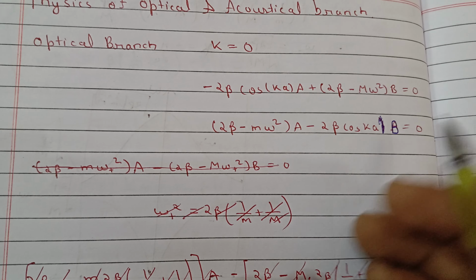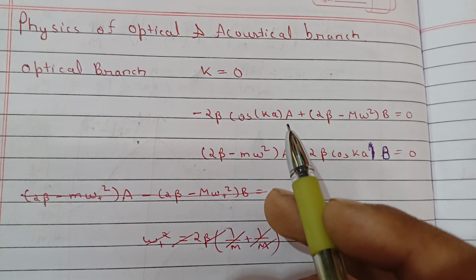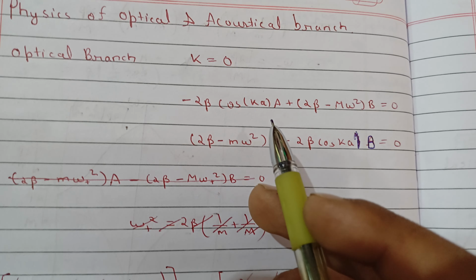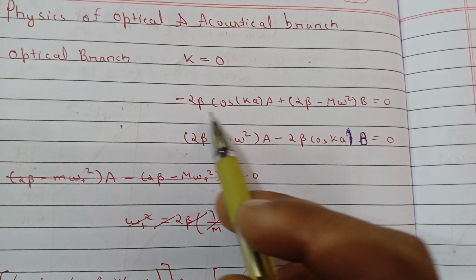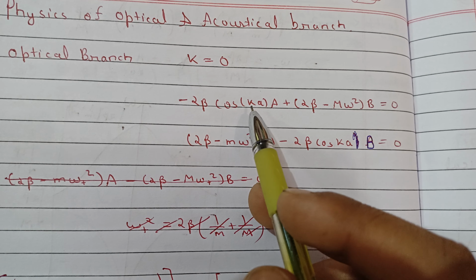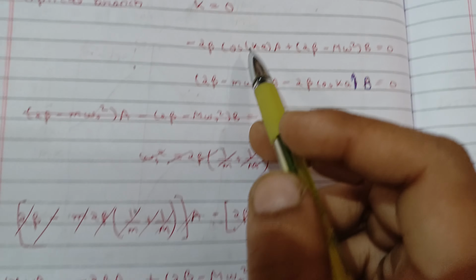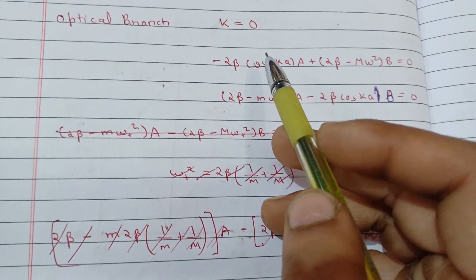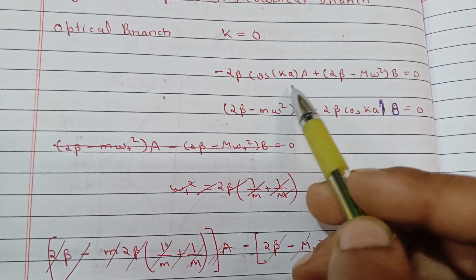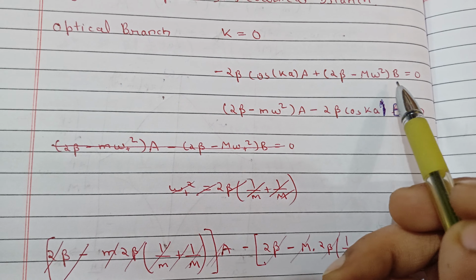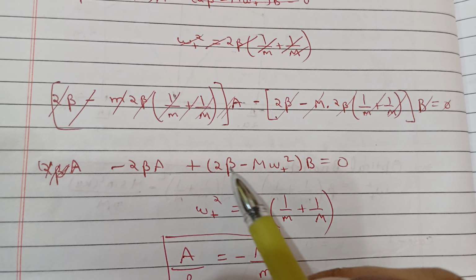So what are we going to do here now? For the long wavelength region, just see this equation and put k equal to 0 here. What we will get? We will get minus 2 beta, this will be 1, then minus 2 beta a, and here is nothing, so we get this.